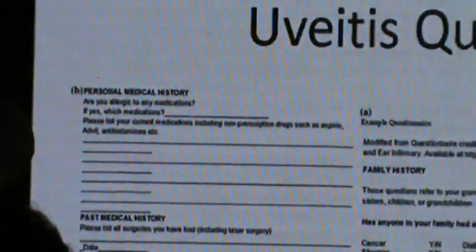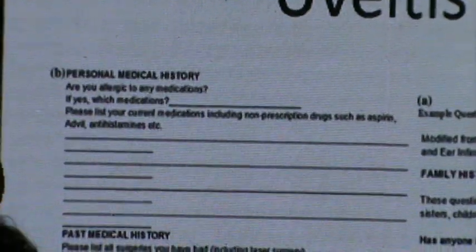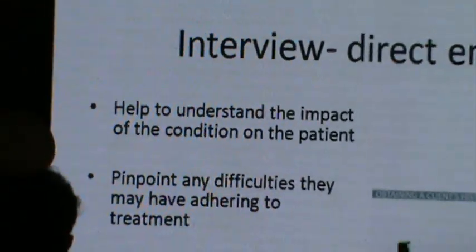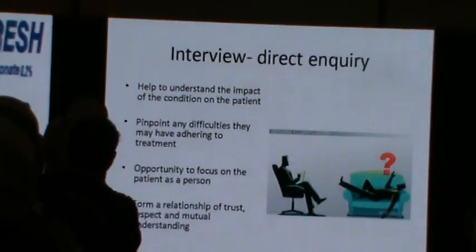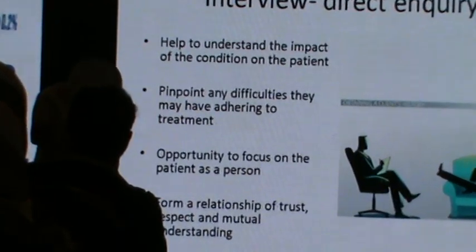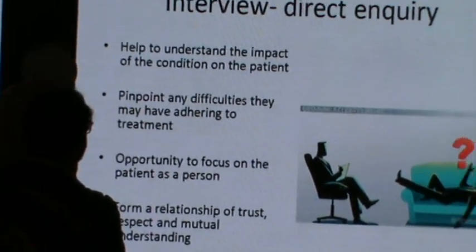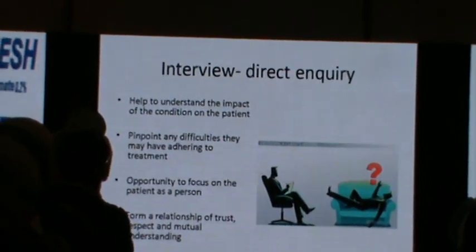We can have a preset uveitis questionnaire, which you can print in your clinic and give to the patient to fill in while he is waiting in the waiting area, and this is very good. And you have the direct inquiry or direct interview. I practice both, but I find the direct interview is very important. I may spend more than 15 to 20 minutes talking to the patient.